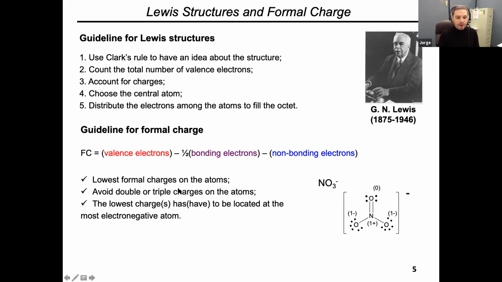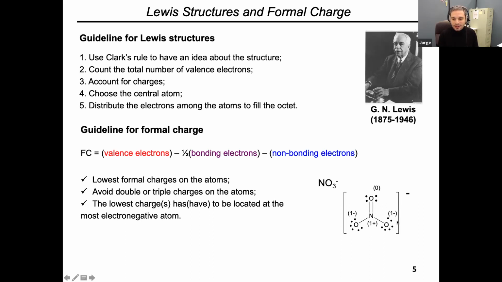Ideally, the formal charge has to be the lowest one on the atoms in the structure. Always avoid double or triple charges on the atoms. And if there is a negative charge, that charge has to be located at the most electronegative atom. For example, here, the structure of the nitrate ion has a nitrogen in the center of the structure, single bonded to two oxygens and double bonded to one of the oxygens.